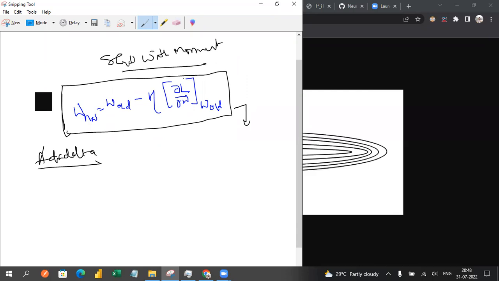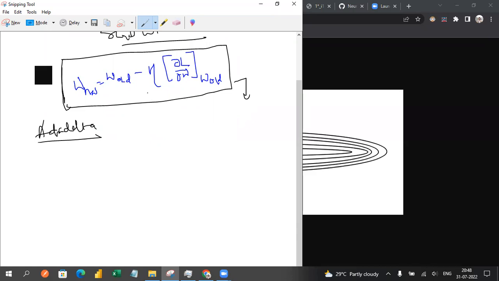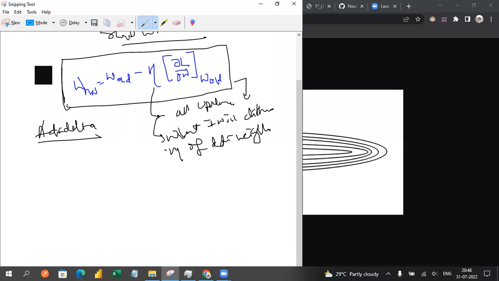Instead of taking eta as a constant for all the updated weights, what if I take different eta values for different weights? That is how it is going to be very helpful. What if the eta values are not constant, and different values are updated with respect to each and every weight?